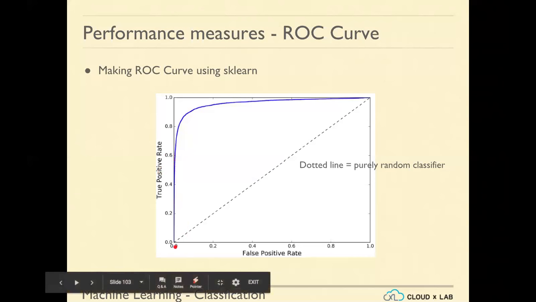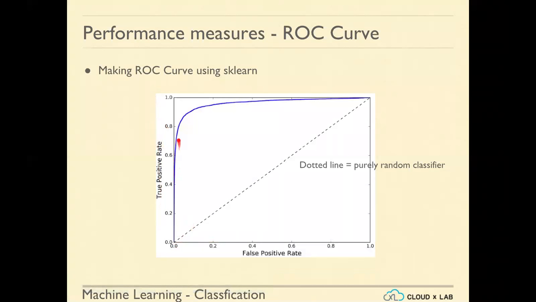Then the false positives, things classified as 5 that aren't, increase. As the true positive rate increases, the false positive rate also increases. The non-fives are being classified as 5 if we try to increase the true positive rate.